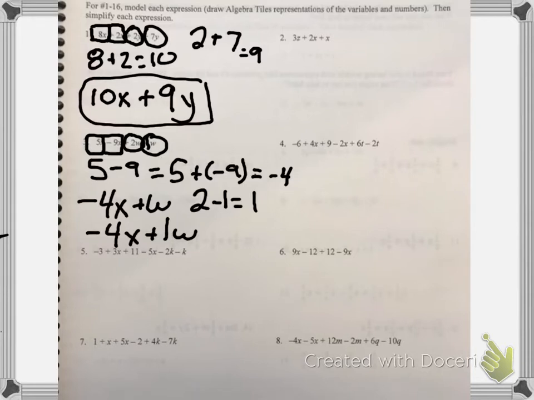So this next one, we have different units. We have x's, k's, and we have just numbers. The same principle applies. X's, k's, and numbers are different. So I'm going to put boxes around the numbers with no variable, with the sign in front. I'm going to do x's as circles this time.